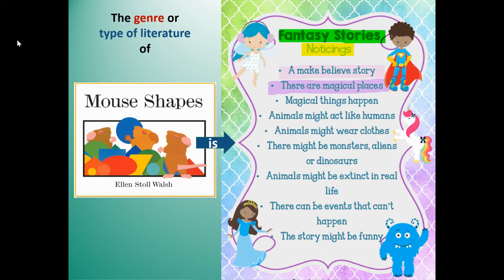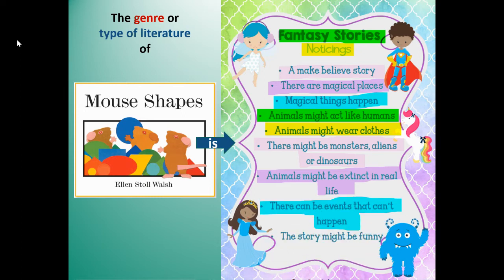There are magical places, magical things happen, animals act like humans. Animals might wear clothes. There might be monsters, aliens, or dinosaurs. Animals might be extinct in real life. There can be events that can't happen, and the story might be funny.